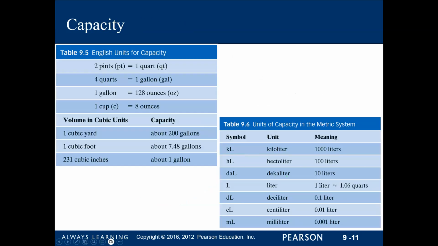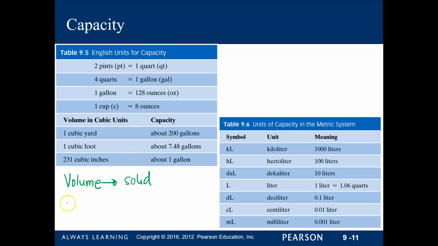As you can see, volume is going to be more on the solid figures, like a prism or a rectangular box and stuff like that.